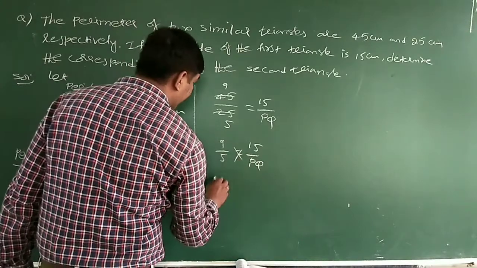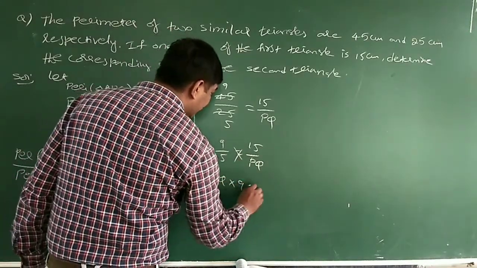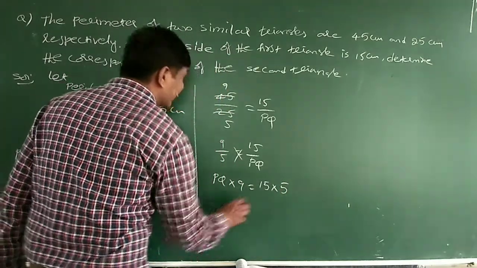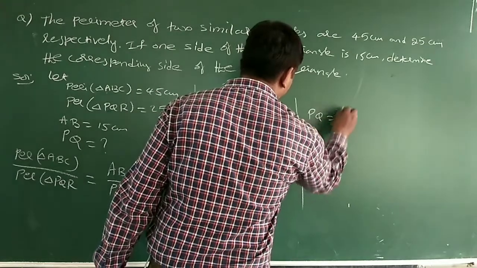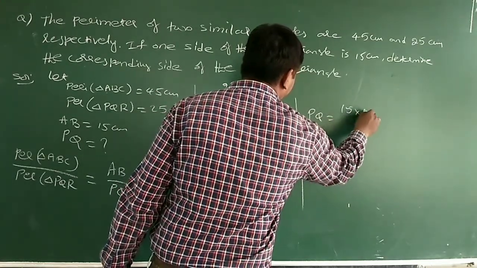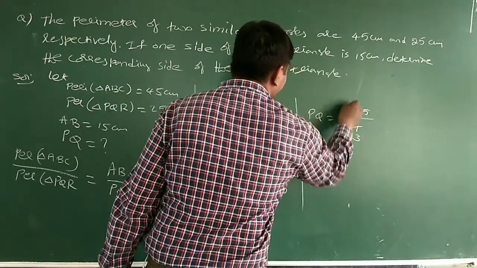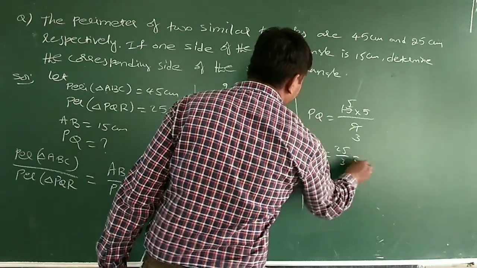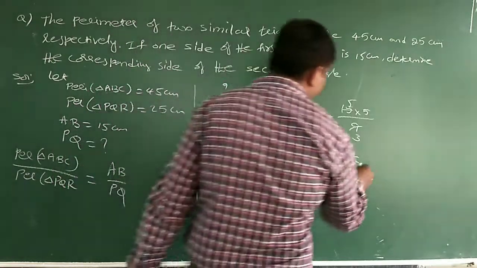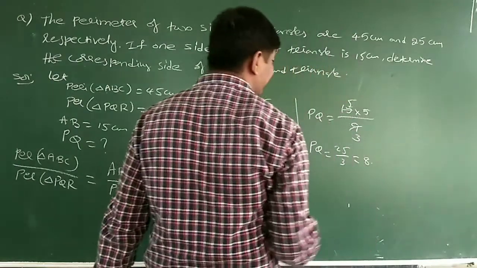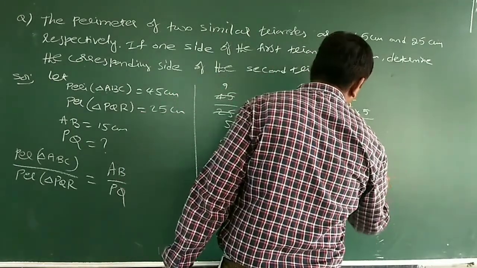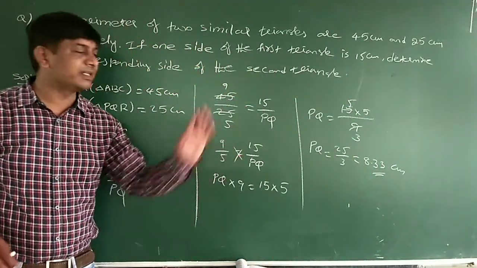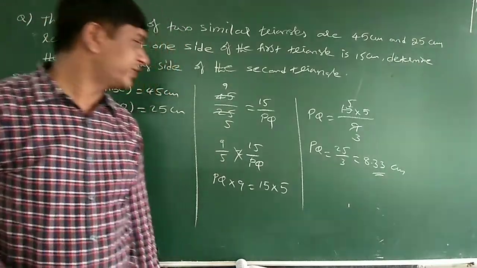Now cross multiply: PQ into 9 is equal to 15 into 5, and PQ is equal to 15 into 5 by 9, which is 25 by 3. If I simplify, the approximate value is 8.33, or 8.4 also. You can take 8.3; it continues indefinitely.